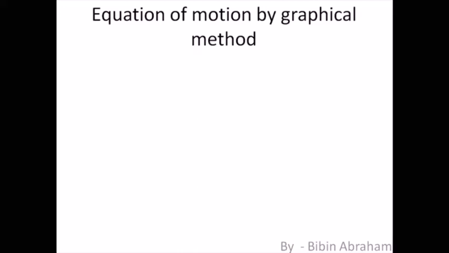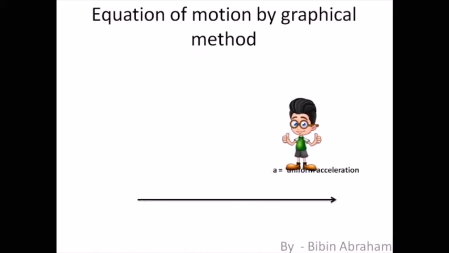Let's assume we have Ramu as usual, moving in a straight line. The important thing is that he's moving with uniform acceleration. If your body is moving with uniform acceleration, then we can apply these equations of motion, right?